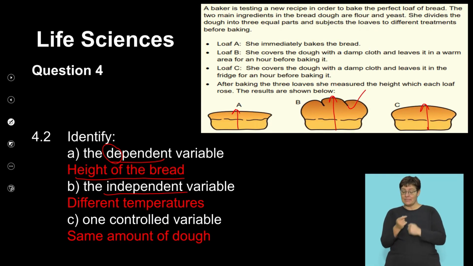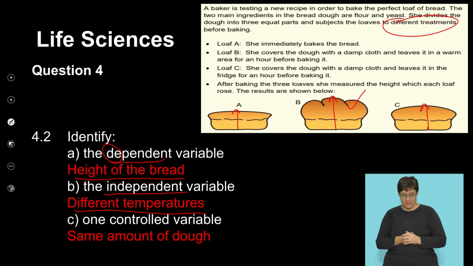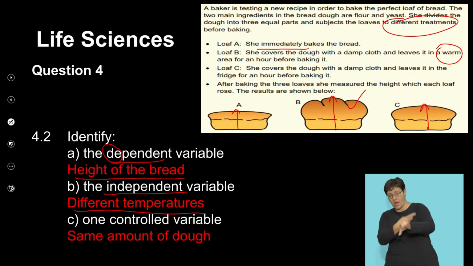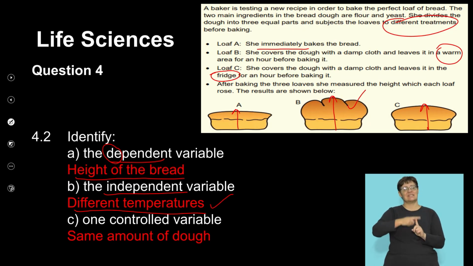The independent variable is the different temperatures. As we mentioned, the different treatments. In this case, loaf A was immediately placed into the oven, loaf B was placed in a warm environment for an hour, and loaf C was placed in a fridge. So it's the different treatments, and in this case, it is the different temperatures if you think about it as a variable.